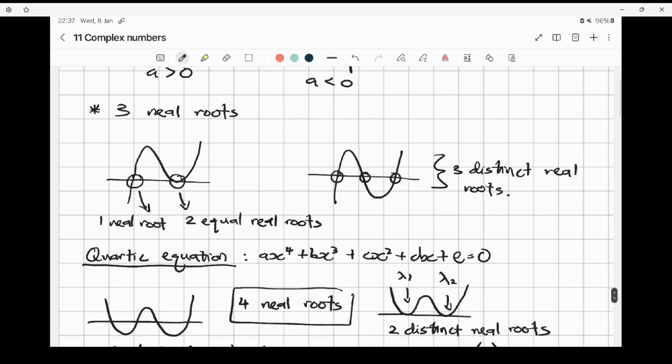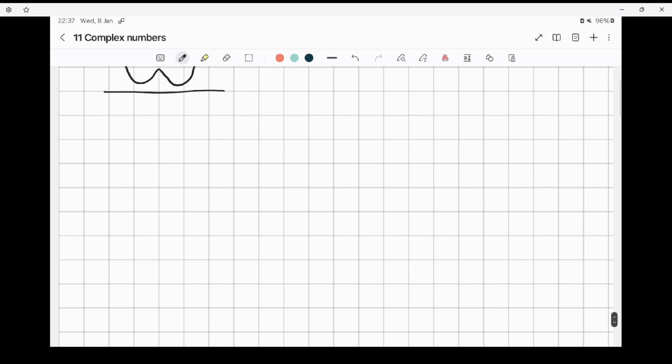Okay, so let's look at perhaps one example of finding the roots. So let's say you have f(z) equals to z power 4 minus z power 3 plus 20z squared minus 16z plus 64.